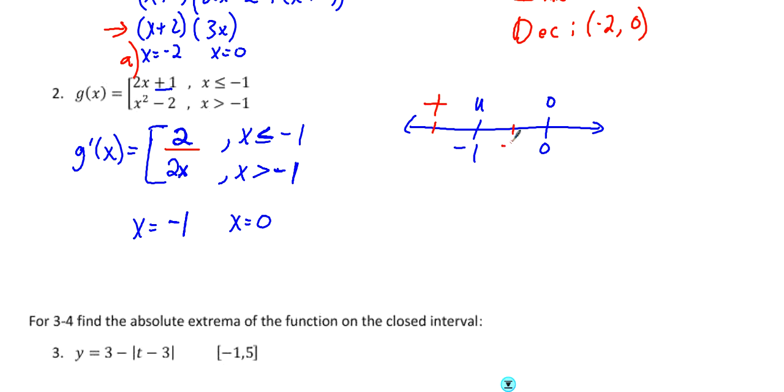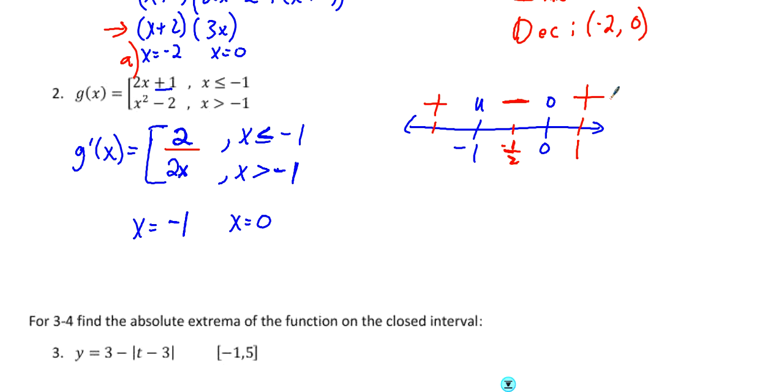Then I look at negative 1/2. Okay? Well, negative 1/2 is greater. So when I put a negative 1/2 into the second part, I get a negative slope because 2 times negative 1/2 is negative 1. Then I put in, say, 1, and I get positive 2 slope. So here it is positive again. Okay?